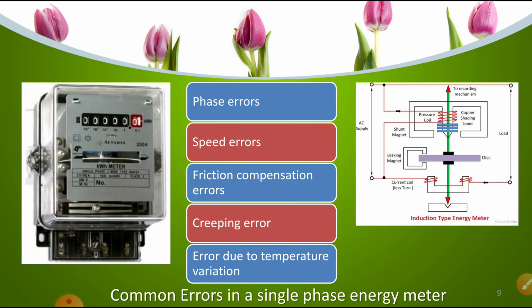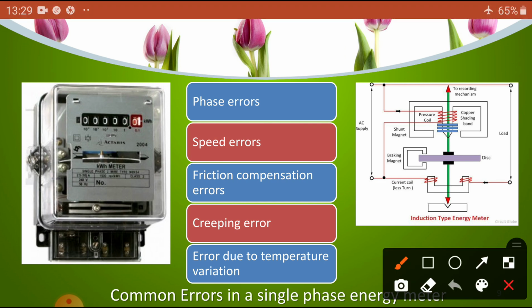Now let us see the common errors that take place inside the energy meter. The first is phase error, the phase displacement between the two fluxes, the voltage and current fluxes. Then speed errors, where the speed changes, and friction compensation errors, which is the friction that takes place in the spindle.